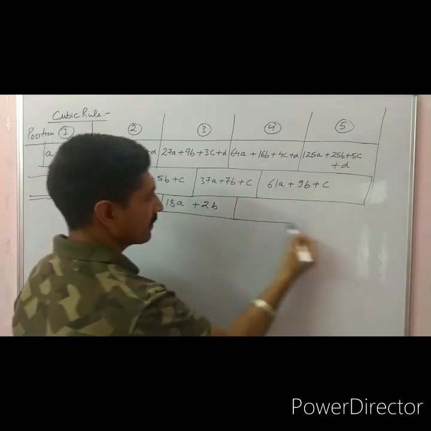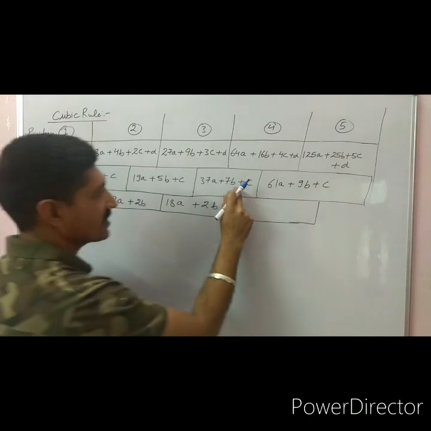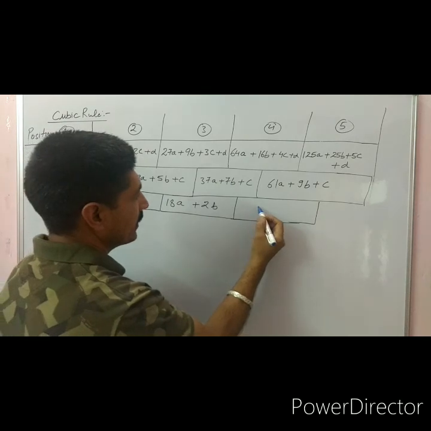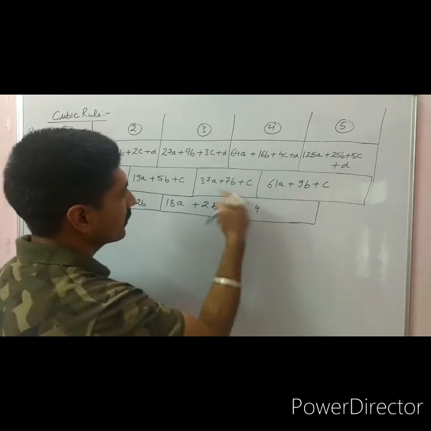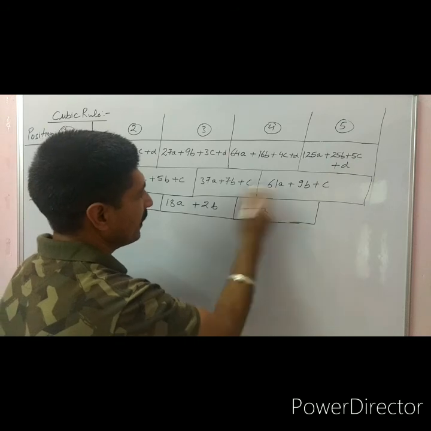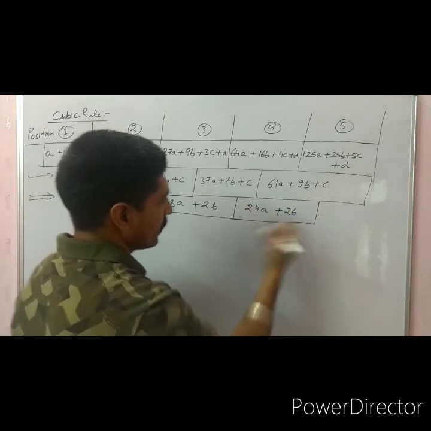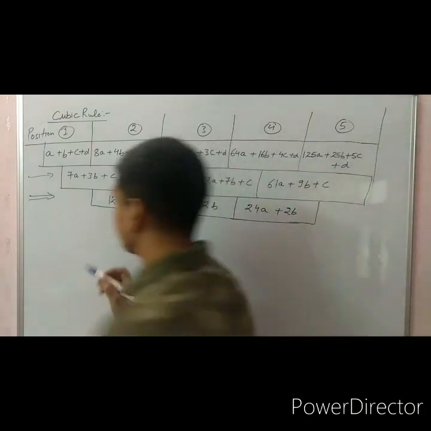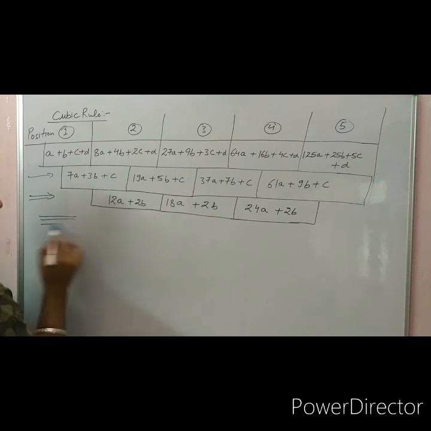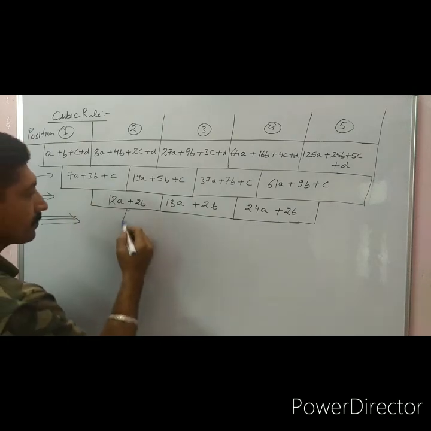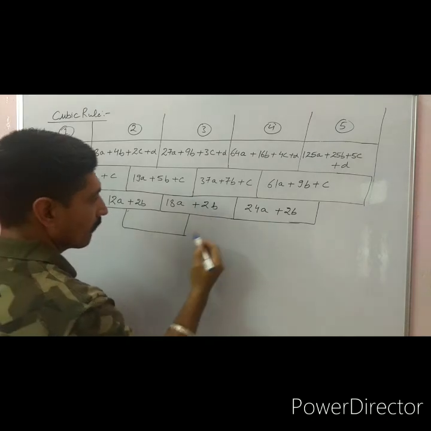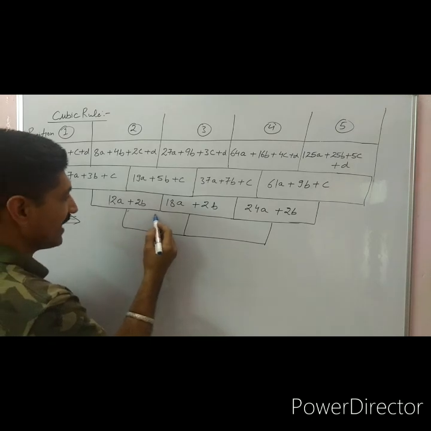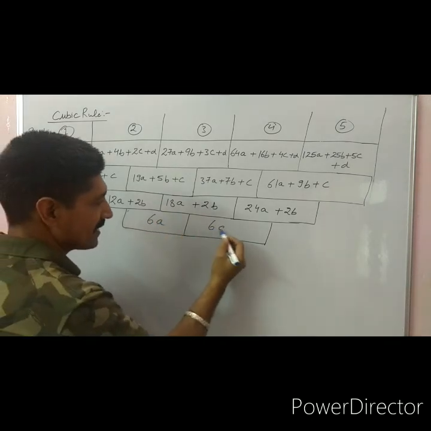And the last difference, 61 minus 37, that is 24A plus 2B. So again the second difference is different. Now we will go for the third difference, that is 6A, and this is 6A.